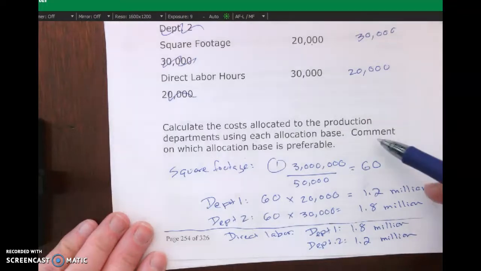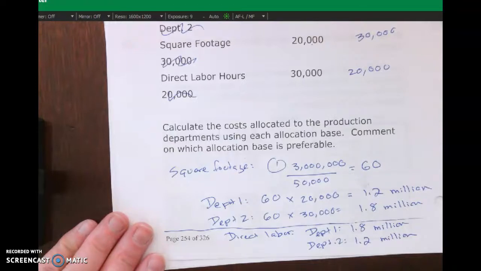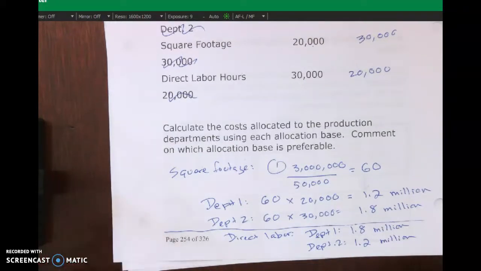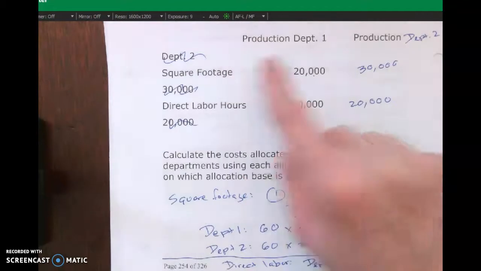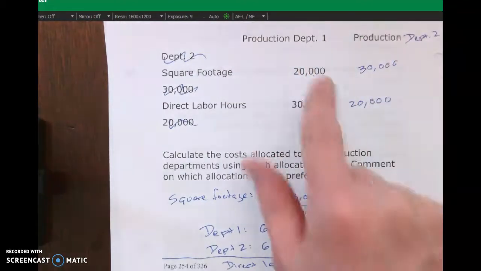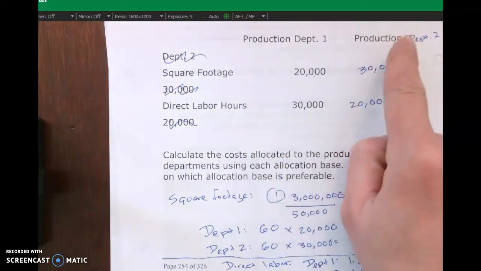Now, when we say which one is preferable, remember the characteristics of an allocation base that we talked about in an earlier lecture video. What we're saying is that the allocation base has to be something that's common to all cost objectives. So when you think about what the cost objective is, it's either Department 1 or Department 2.